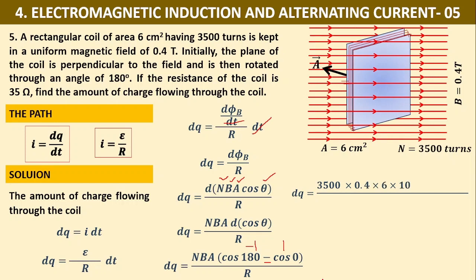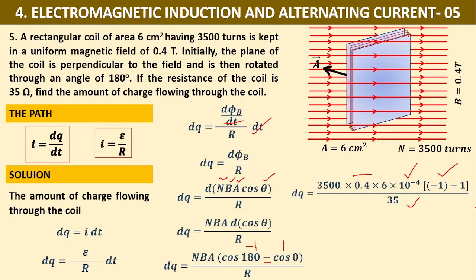3500, that is the number of turns, and let us change the area from 6 cm² to SI unit, 6 into 10 power minus 4 m². This is the magnetic induction 0.4 Tesla, and we have substituted the change in cos theta divided by the resistance.